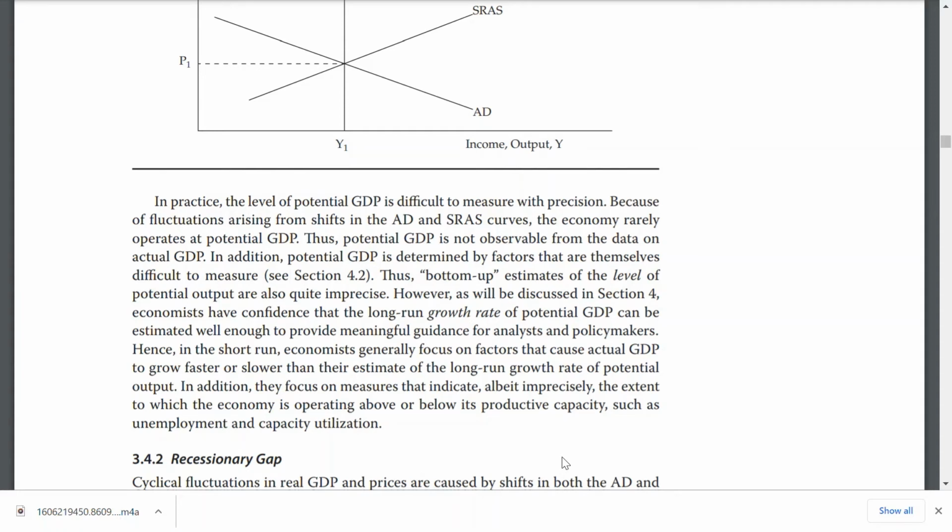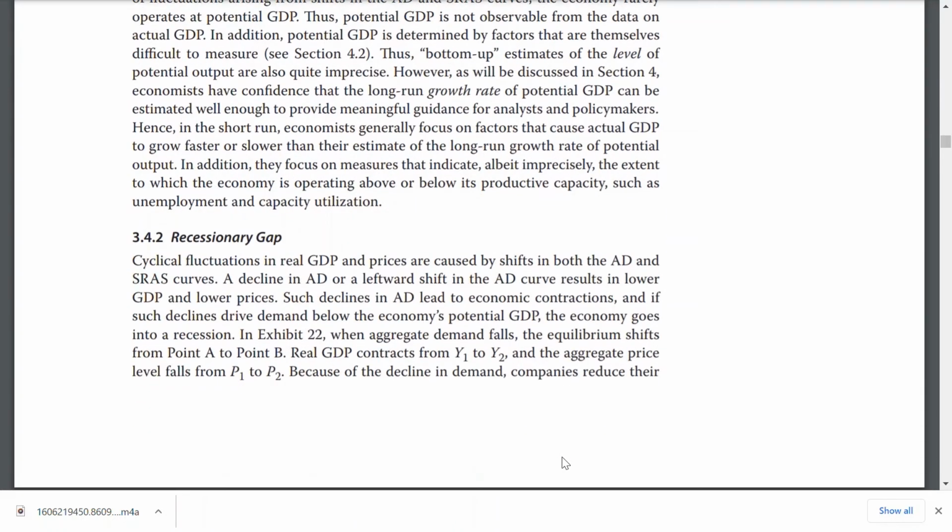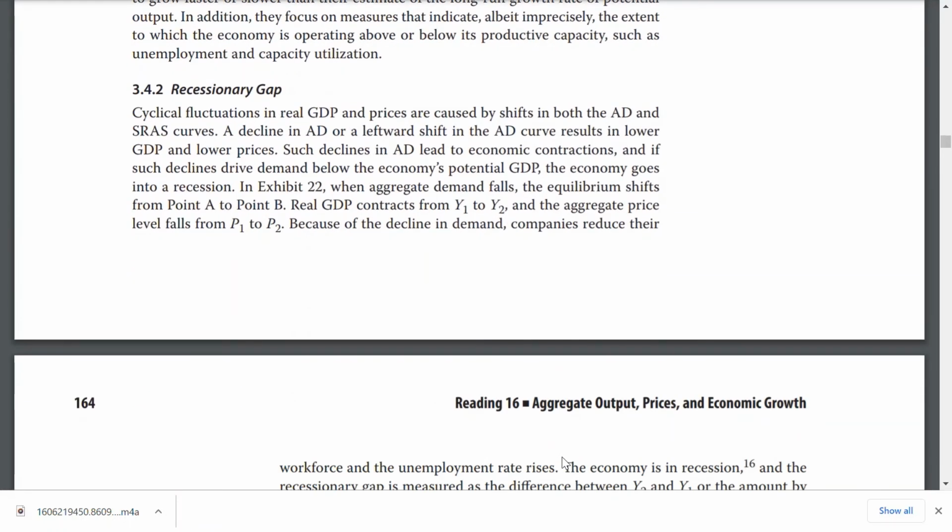In addition, they focus on measures that indicate, albeit imprecisely, the extent to which the economy is operating above or below productive capacity, such as unemployment and capacity utilization.